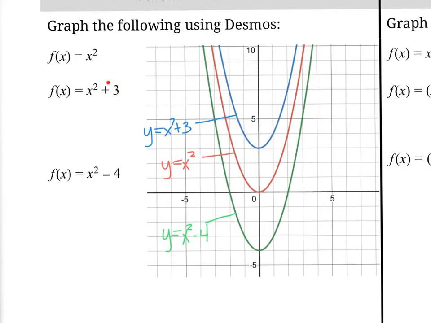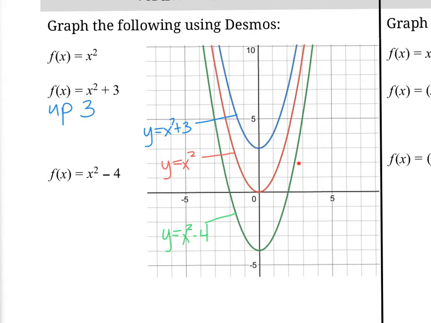So when I added a plus 3, what ended up happening? Here's our original. It ended up moving the parabola up 3 units. So here it started at 0, now it's at 3. This point was at 1, now it's at 4. So adding 3 on the outside of the equation ended up moving all the points up 3.